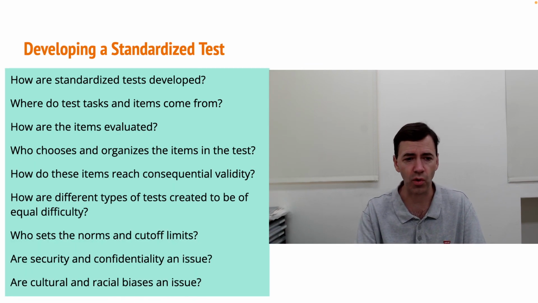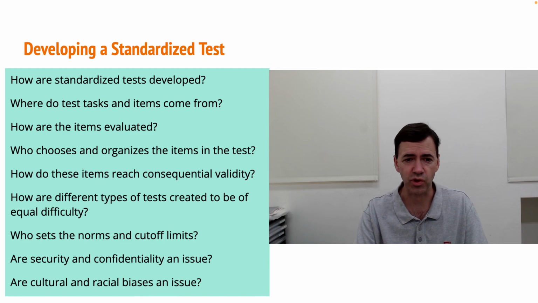Okay, so some questions that always need to be asked before you do your test. Now for standardized tests, maybe there's a few more questions, so I'll quickly go through them. How are standardized tests developed? Where do test tasks and items even come from? How are the items evaluated? Who chooses and organizes the items in the test?